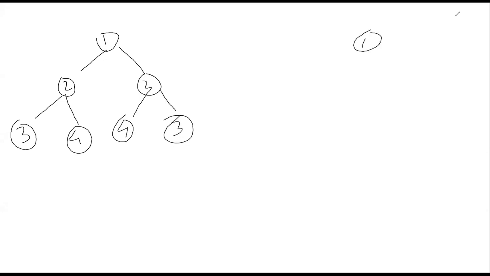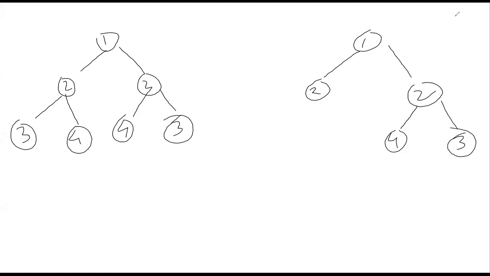Then we have 3, 4, and 3. Let's see if we can create another pre-order traversal which will give us the same output. Let's keep the right one as is. So here the pre-order traversal will be 1, 2, 3, and 4. That's correct.